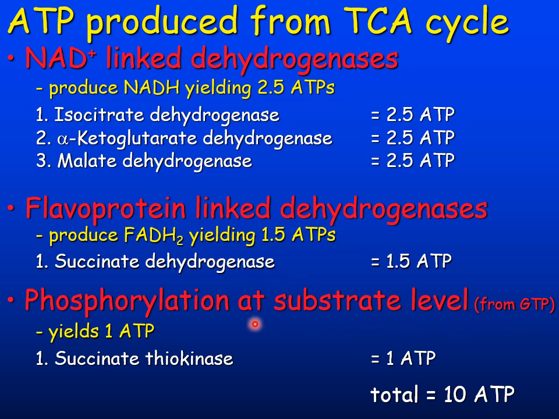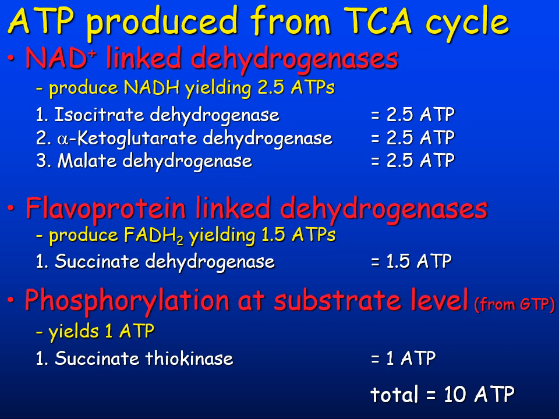That can also yield 1 ATP directly via substrate level phosphorylation. These other two, so FADH2 and NADH, are of course linked to the respiratory chain, producing 1.5 ATPs and 2.5 ATPs. So when you add all of that up, you end up with a total of 10 ATP produced per molecule of acetyl-CoA.